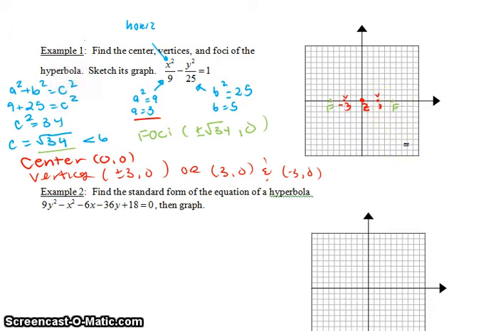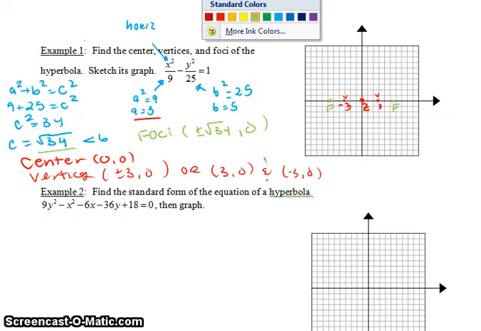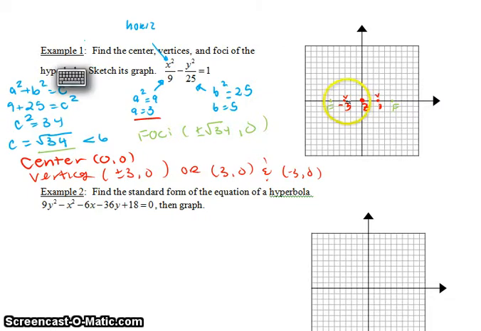Okay, so now we have the vertices, and I know roughly that it's going to have these 2 branches, and my foci are going to be inside the branches. So I'm going to have to create my box and do my diagonals. In order to do my box, I know that my box went over a units from the center to the vertices, and then it's going to go up b units from the center.